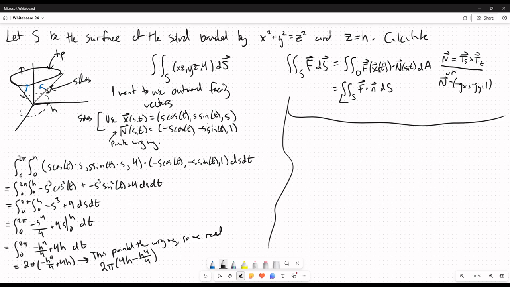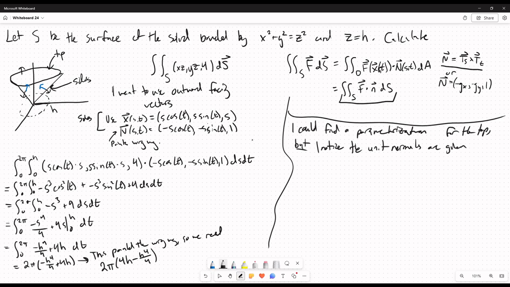Instead of finding a new parameterization for the top, I notice the unit normals pointing in the right direction are always just pointing straight up.